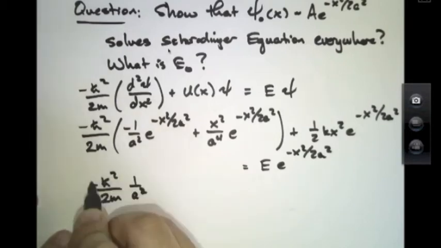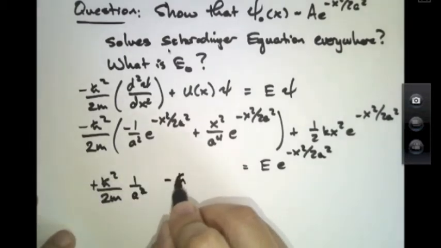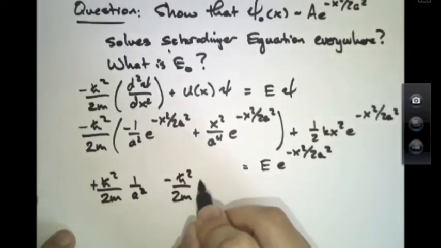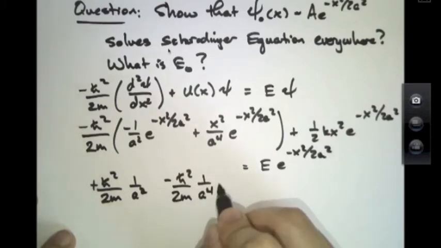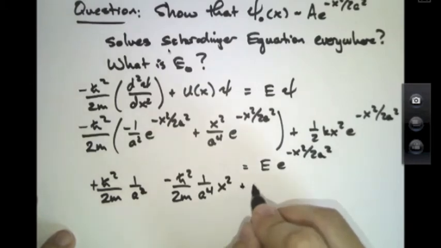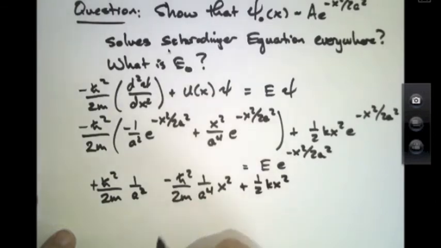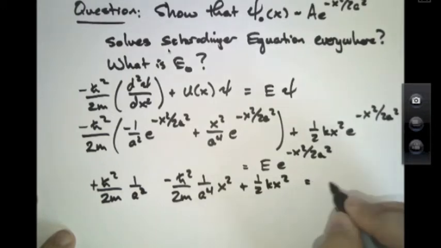Then plus minus h bar squared over 2m times 1 over a to the fourth times x squared, and then we have plus 1/2 kx squared, equals energy.